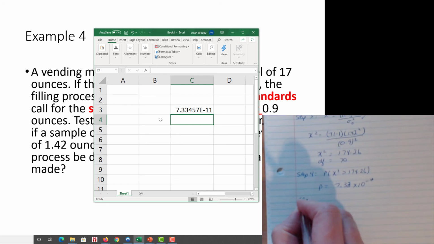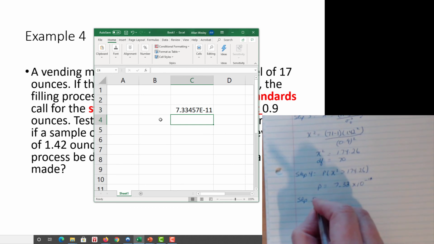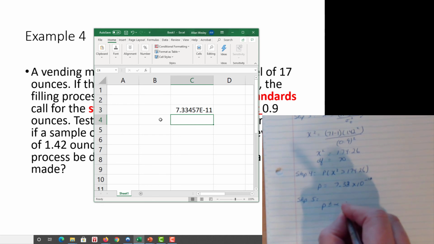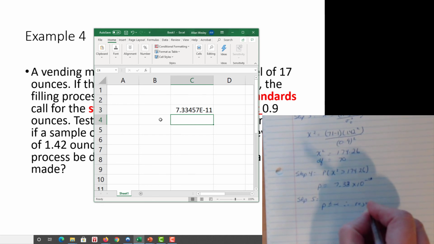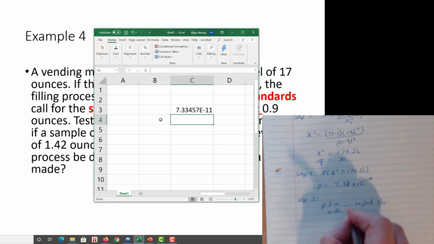Nevertheless, step 5, that is one small itty-bitty little p-value. So p less than or equal to alpha. Therefore, we reject that H0. Begone, H0, you are out of here. With an alpha of 0.05. And step 6, this is kind of the old 'so what' moment.